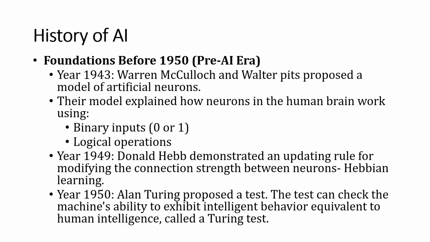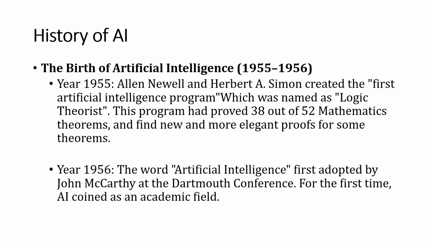Alan Turing asked the famous question, can machines think? He proposed the Turing test to measure machine intelligence. In 1950, he proposed this Turing test. Can machines think? Next is the birth of artificial intelligence, 1955 to 1956.